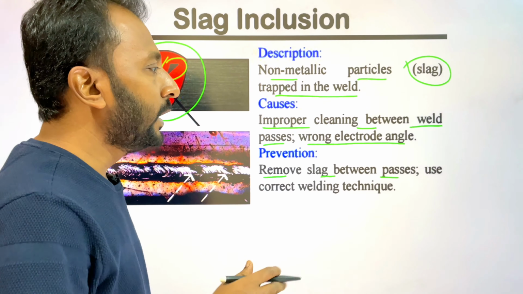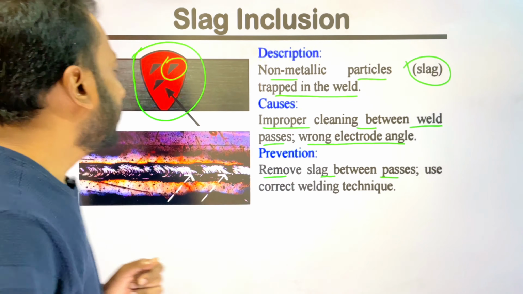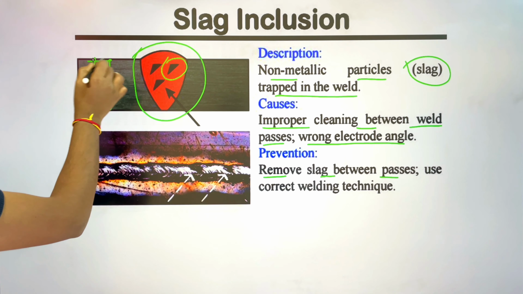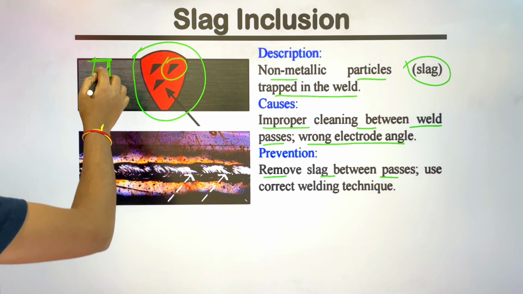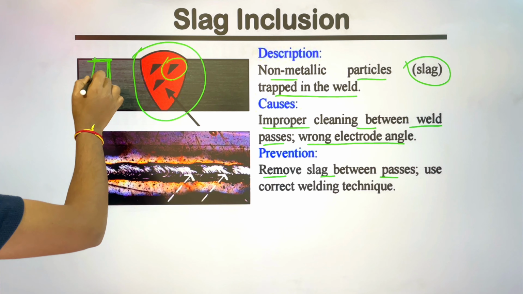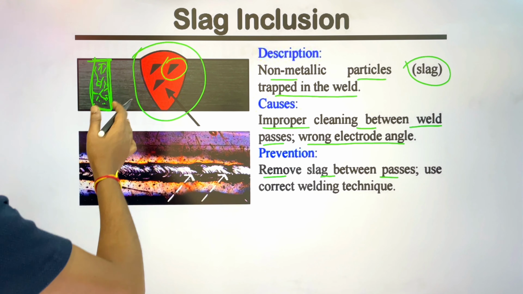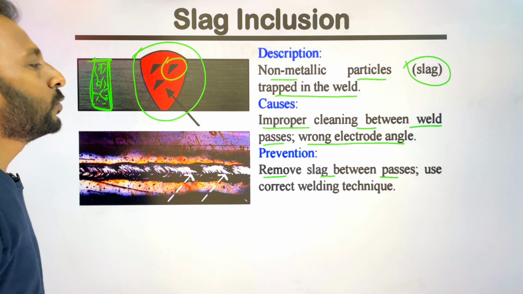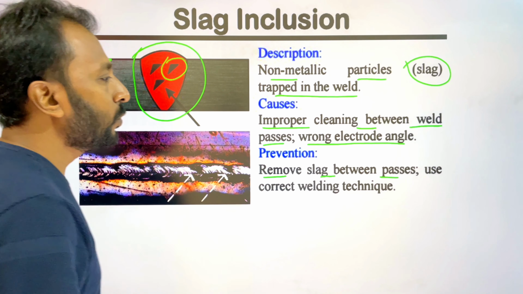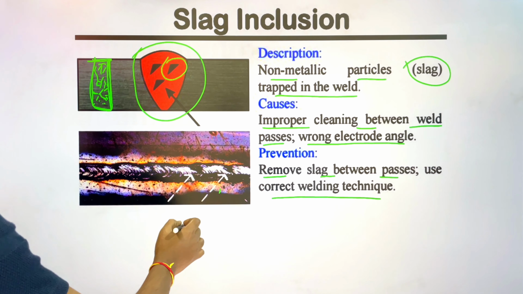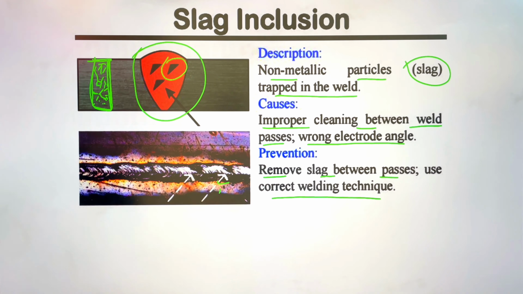When one welding pass is done and you are doing the second pass, we have to remove the slag on the welding bead first, and after that we can do the second pass. And also we have to use the correct welding techniques. In this figure we can also see the slag or solid inclusions.